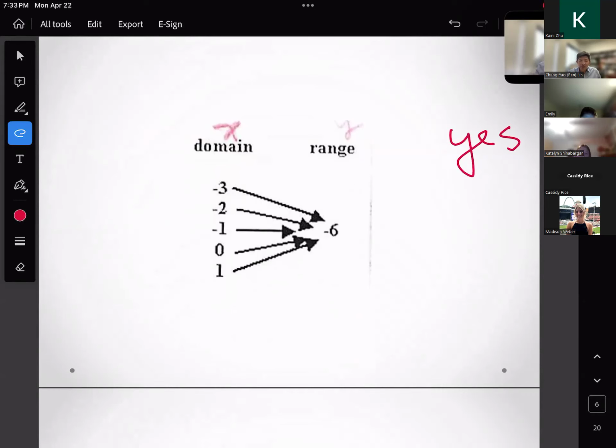Why? Because each domain finds a range. Even though it's the same number, it's still okay, okay? Each domain finds a range, so this is yes, all right?